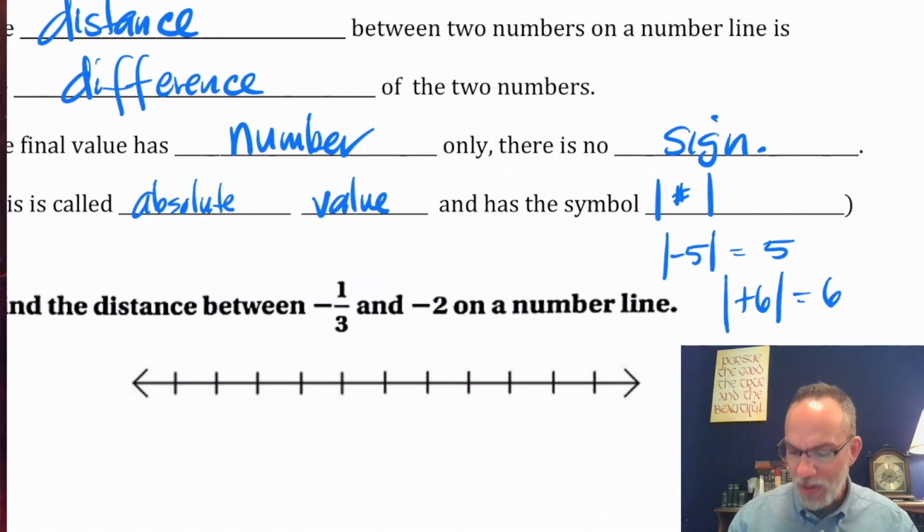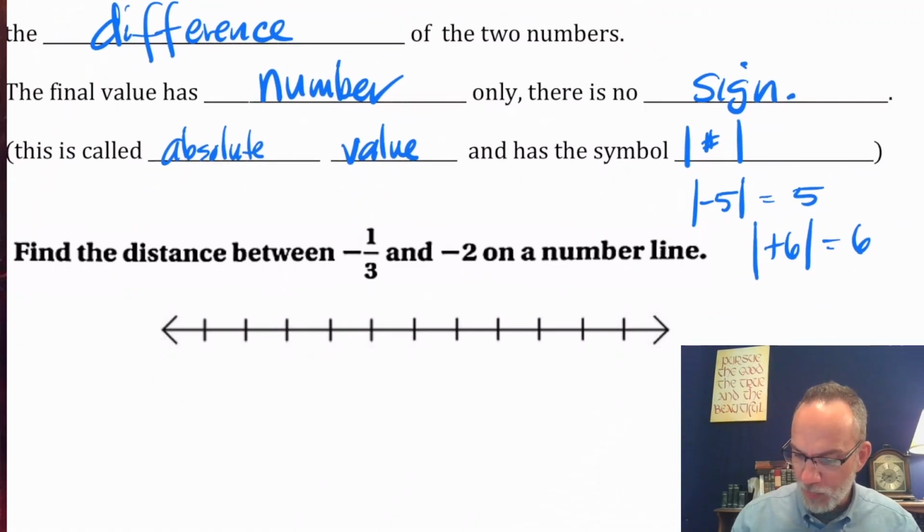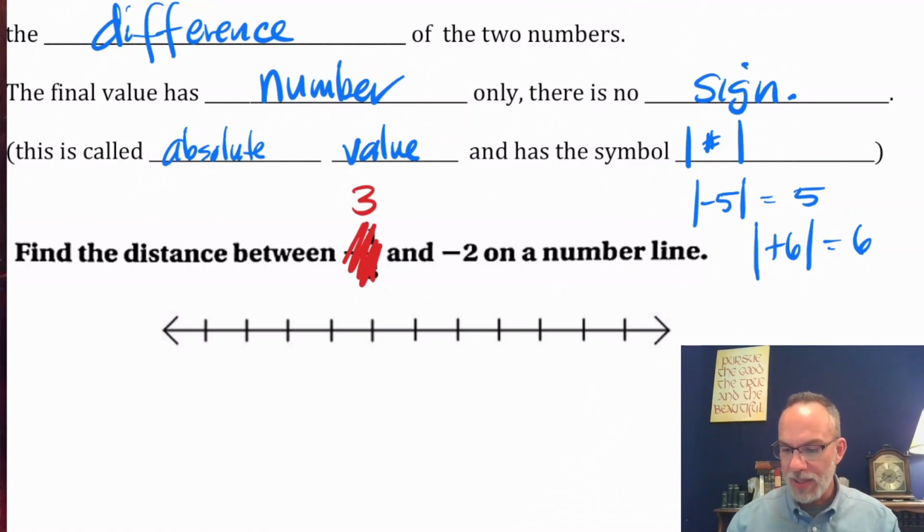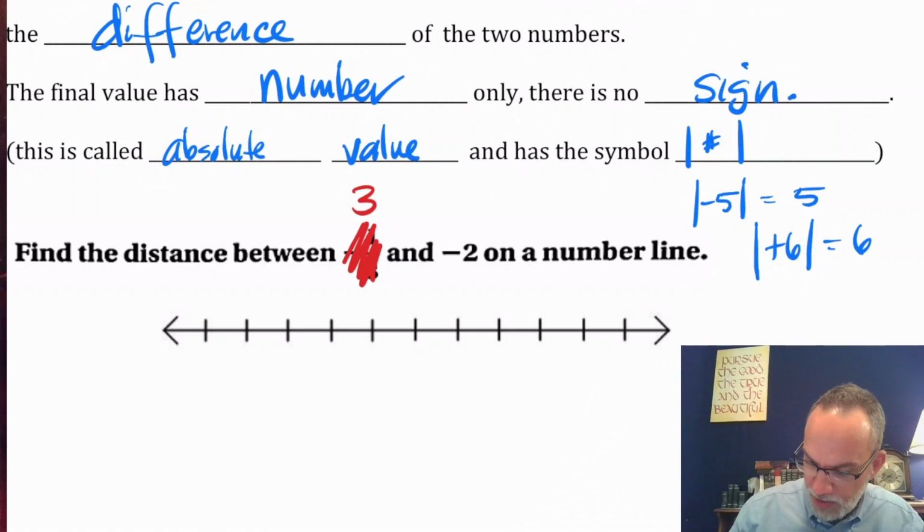So we could do this, the absolute value between 1/3 and 2 on the number line. To make it simpler, I'm just going to change this. I'm just going to make this +3. Find the distance between 3 and -2 on the number line. So here we go. So I'm going to put 0 right here, 1, 2, 3, 4, and then -1, -2, -3, -4. And what am I doing?